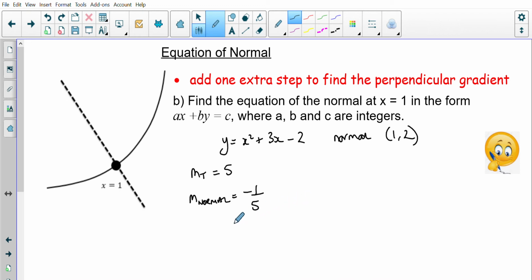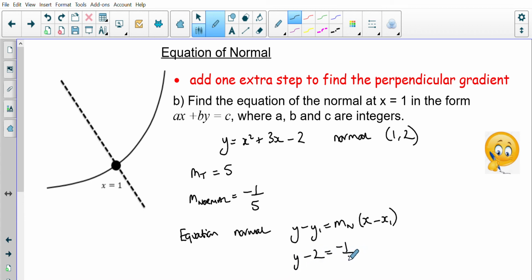So all we need to do now is go straight to step 3 and find the equation of the normal by substituting my point and my gradient of my normal. So we're going to put m capital N there, that's what I use for the gradient of the normal, into y minus y1 equals m x minus x1. So I've got y minus 2 equals minus 1/5 this time, x minus 1.